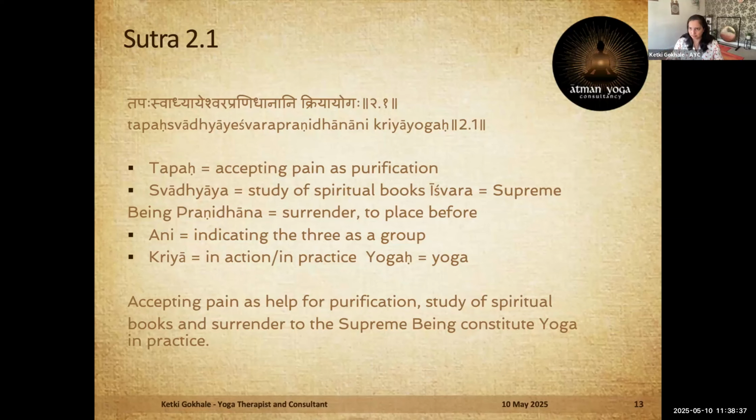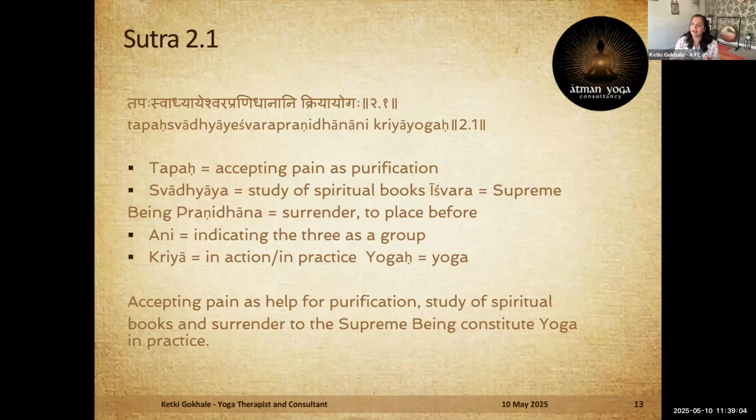For a householder, a common man, still engaged in day-to-day activities and having various desires, what kind of tapas can he do?